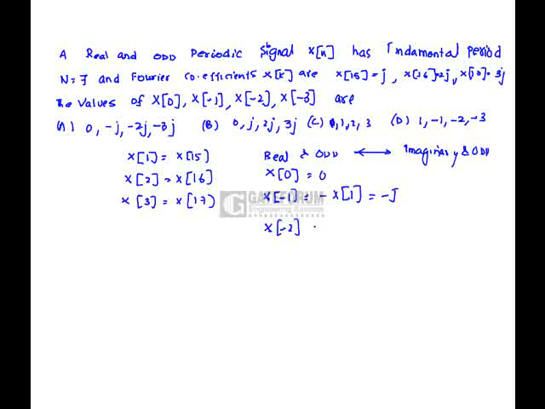X of minus 2 is equal to minus X of 2, which is minus 2j. X of minus 3 is minus X of 3, which is minus 3j. So from the given options, option A is correct.